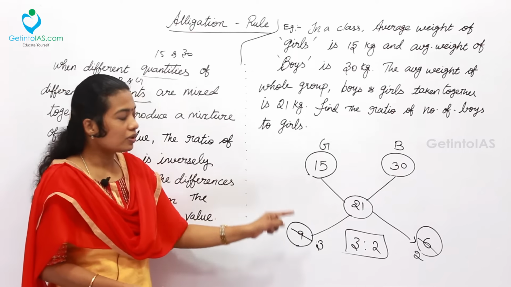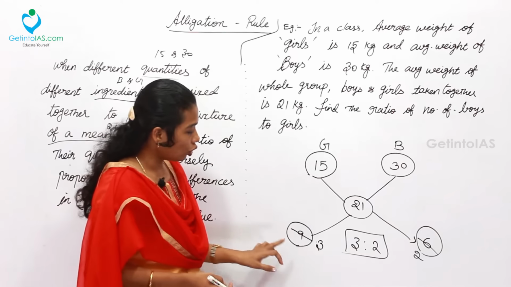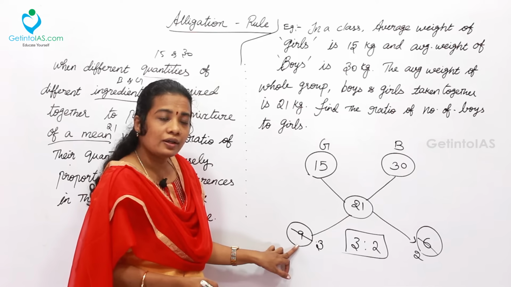Now, let's move on to the next pattern. Also, let us look at the meaning of the last line: the quantities are inversely proportional to the differences in their cost from the mean value. Why is it called inversely proportional? Just have a look over here. How did we get 9?